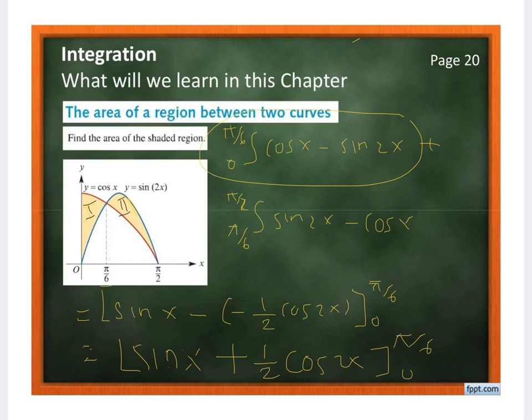You substitute pi over 6 and 0: sin pi over 6 plus 1/2 cos 2 times pi over 6, where 2 times pi over 6 is pi over 3, minus sin 0 plus 1/2 cos 0.